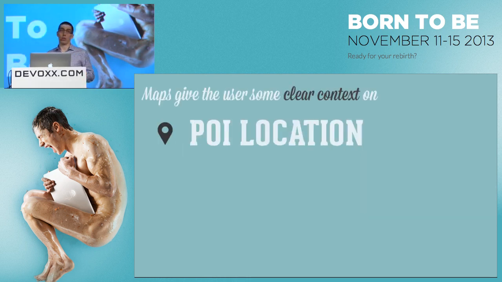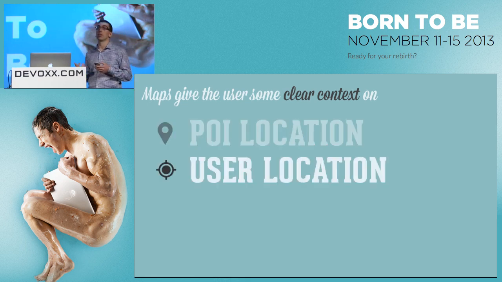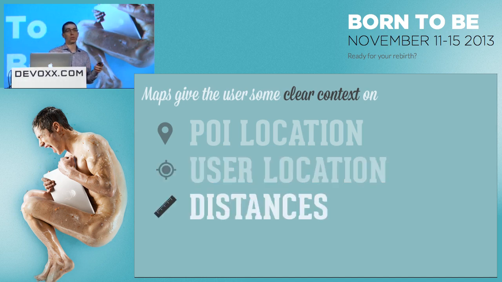Maps are way better for that because they can give lots of context on the location of your point of interest, the location, of course, of the user. When you know all of those locations, you may extrapolate the distances between the point of interest location and the user location, or between two different points of interest.